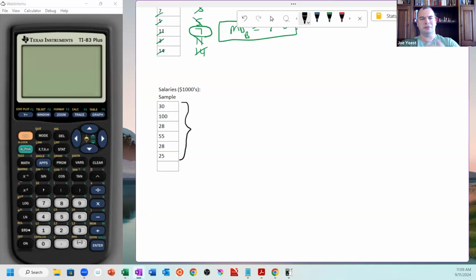This is the salary data that we're going to use, but just for this part of this example. So if I order this, I have 25, 28, 28, 30, 55, and 100.